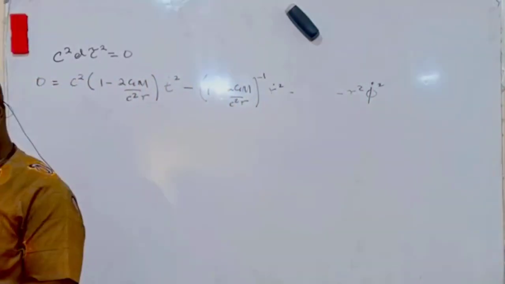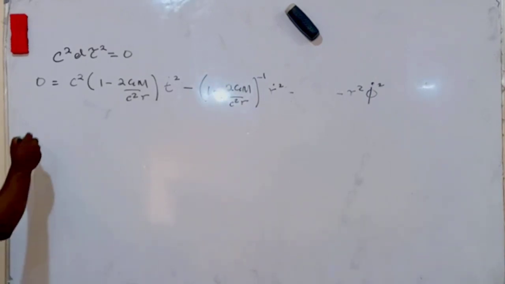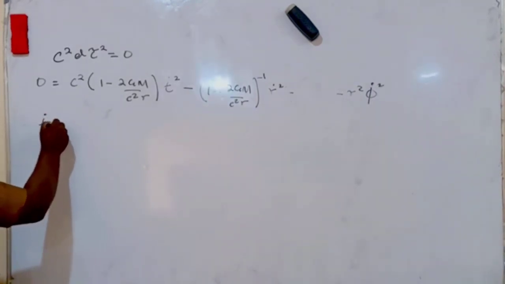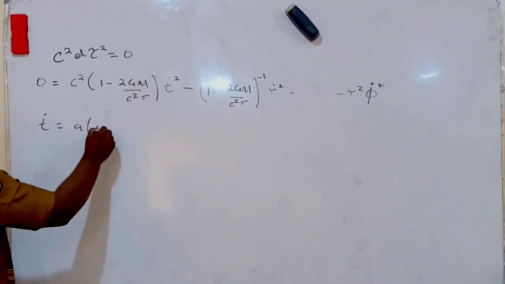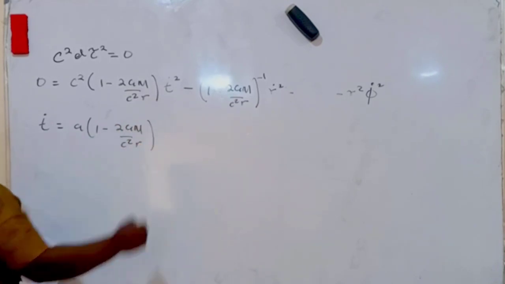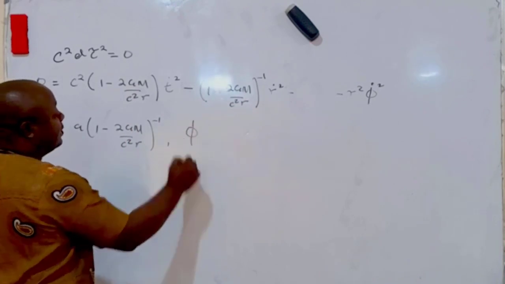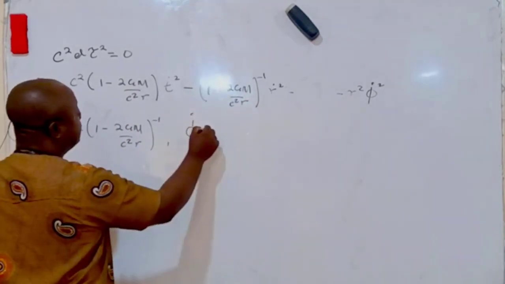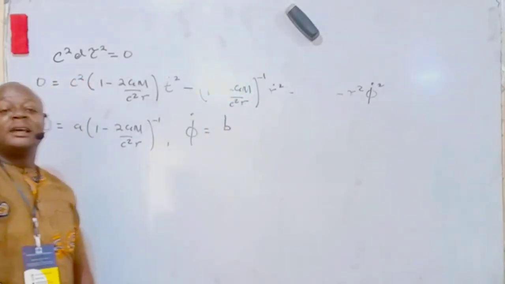But yesterday, we agreed that t dot is of the form A into (1 minus 2GM over c squared r) to the power minus 1, and that phi dot is L over r squared, as we used L yesterday.